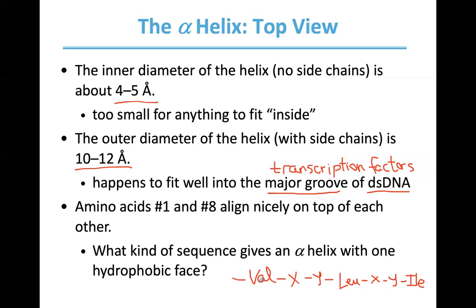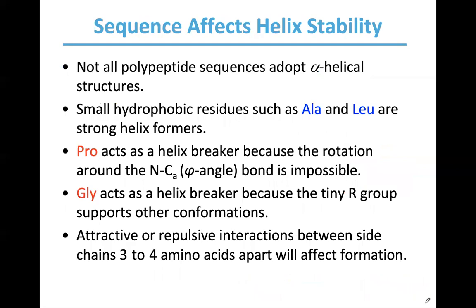So if every four amino acids is a hydrophobic amino acid, then one entire face of the alpha helix will be hydrophobic, right? So basically in an alpha helix, you look at every 4 amino acids and that will tell you exactly what's going on. Stable, unstable, hydrophobic, hydrophilic, right? Because that's going to be only one face of the alpha helix.